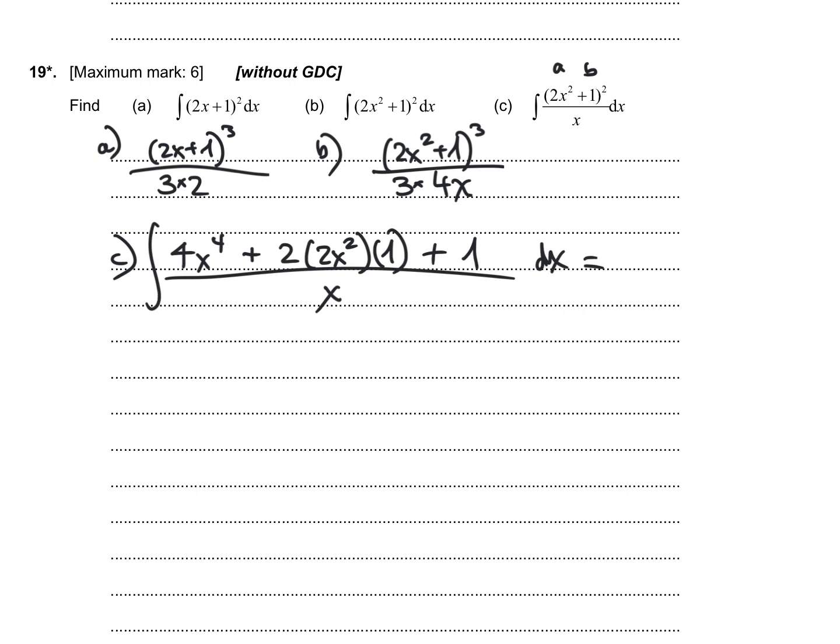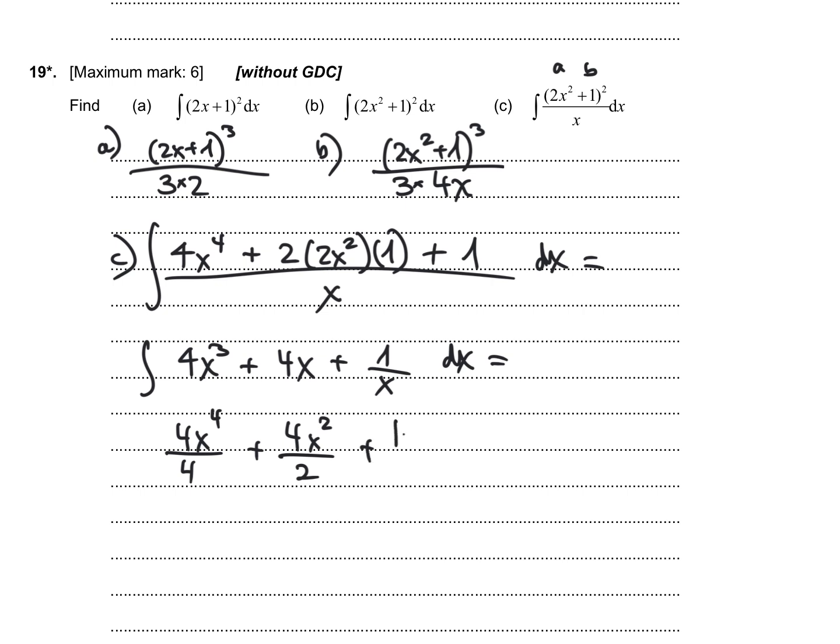And then we can divide everything. So we're going to have 4x cubed plus 4x plus 1 over x dx. So we're going to have 4x to the 4th over 4 plus 4x squared over 2 plus natural log of x plus c.